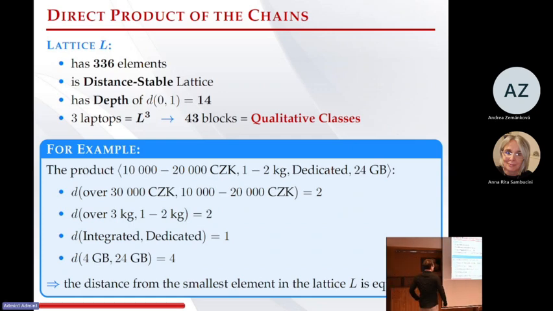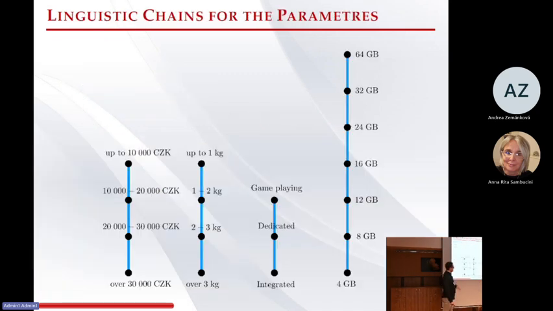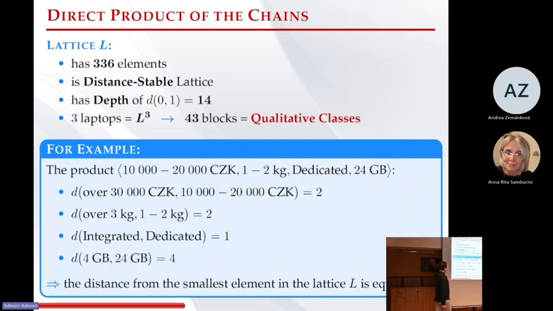For example, this laptop has total distance 9, because we sum these distances in the chains, and this laptop has total distance 9 only in the lattice L. So we have to choose 3 laptops to get the lattice L23.